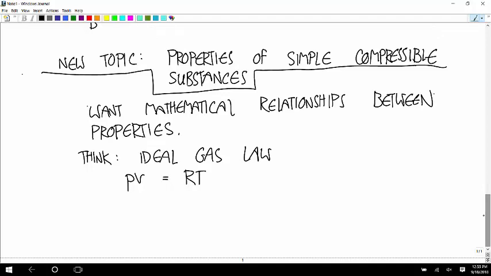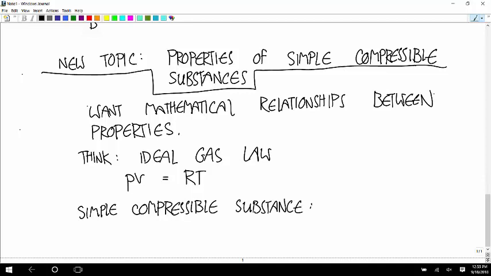Okay, a simple compressible substance is any material that's homogeneous and unaffected by electrical and magnetic fields.